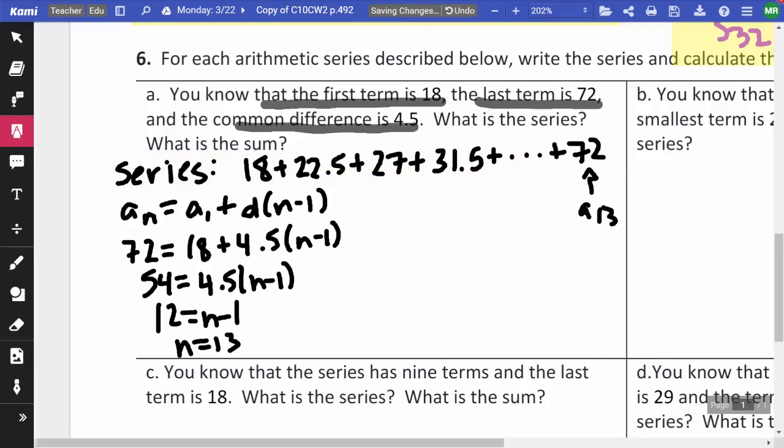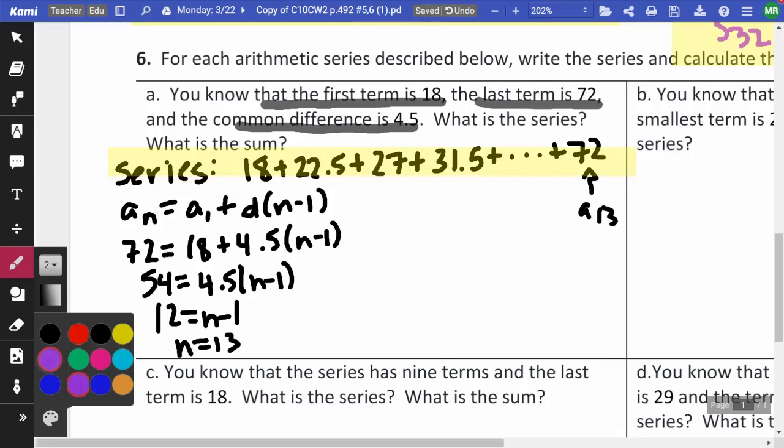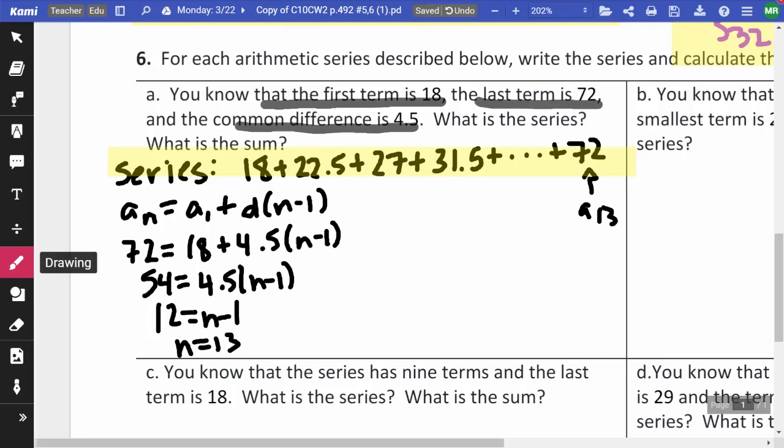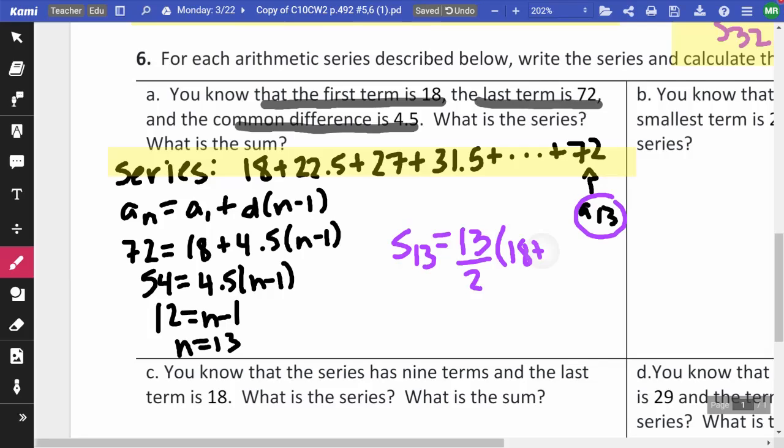So when they are asking me to take this series and add it up to 72, I am basically adding the first 13 terms because I know that that's my 13th term. So I'm going to find S sub 13 is equal to 13 divided by 2 times my first term, which is 18, and my last term, which is 72.